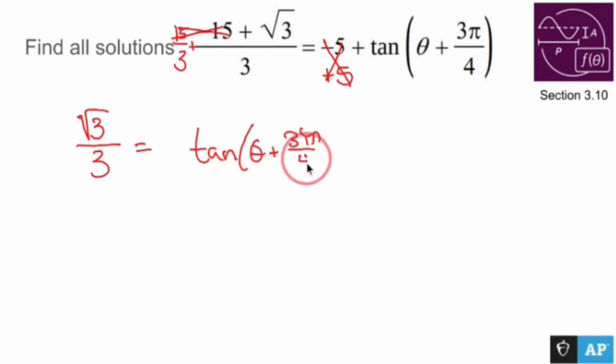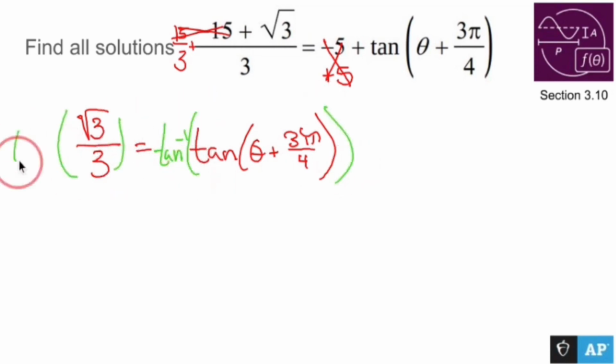Now, how do I get rid of that tangent so I can open up that whole parentheses there? Inverse tangent, of course. So I'm going to inverse tangent root 3 over 3. That allows that to cross out. Now, here's the thing that I have to be careful of.